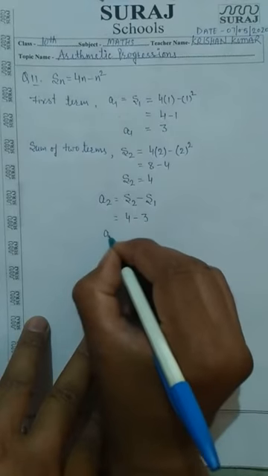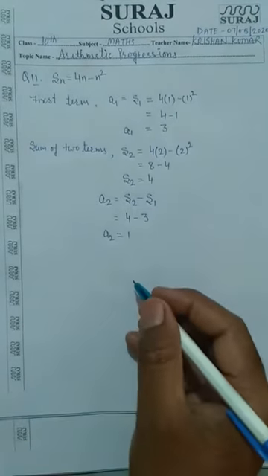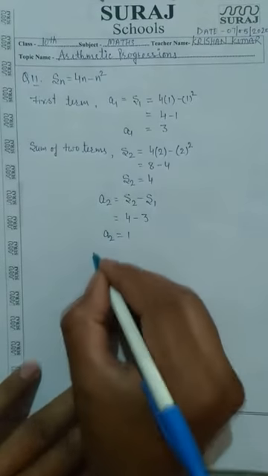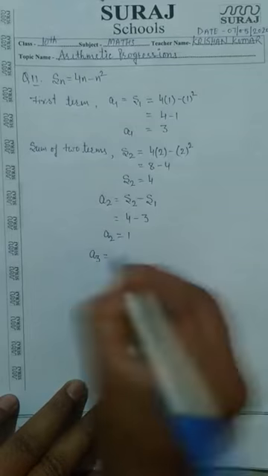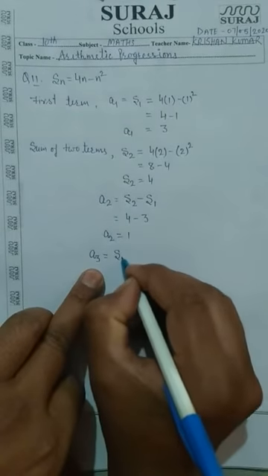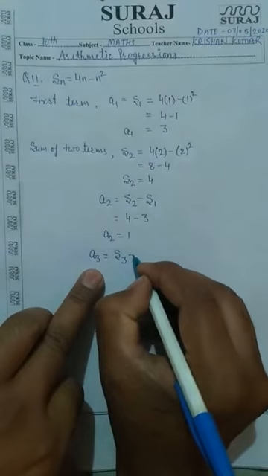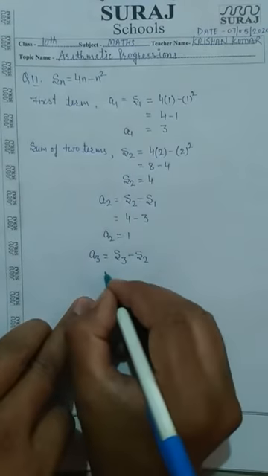So A2 is 1. And in the same way, A3 is S3, the sum of three terms, minus the sum of two terms, and we get the third term.